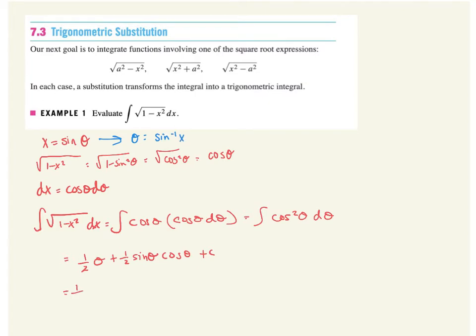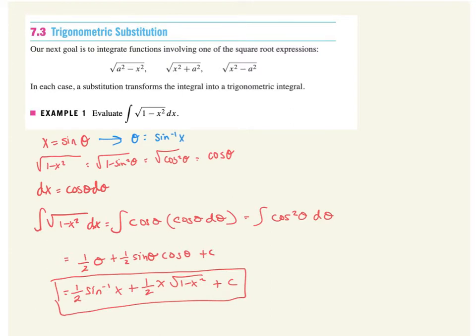So I have 1/2 sine inverse x plus 1/2, again, x is sine theta, so x, cosine theta was the square root 1 minus x squared, plus c. So everything here is rewritten with respect to x, and that would be my final answer.